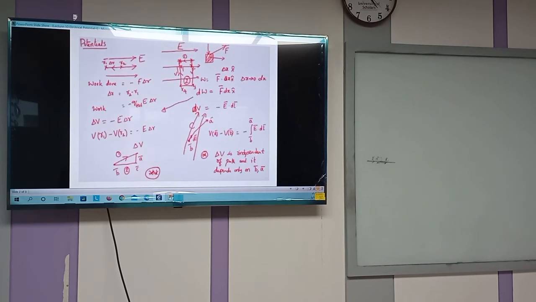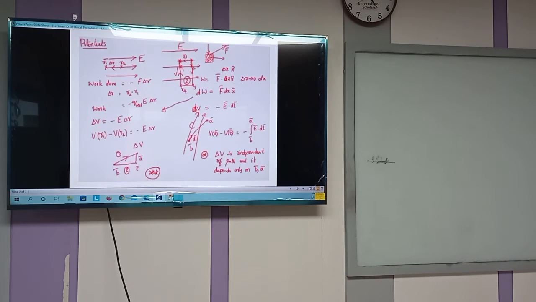We can now write that the voltage difference between the two points, if I move a distance along dx, is actually given by minus E dot dl.